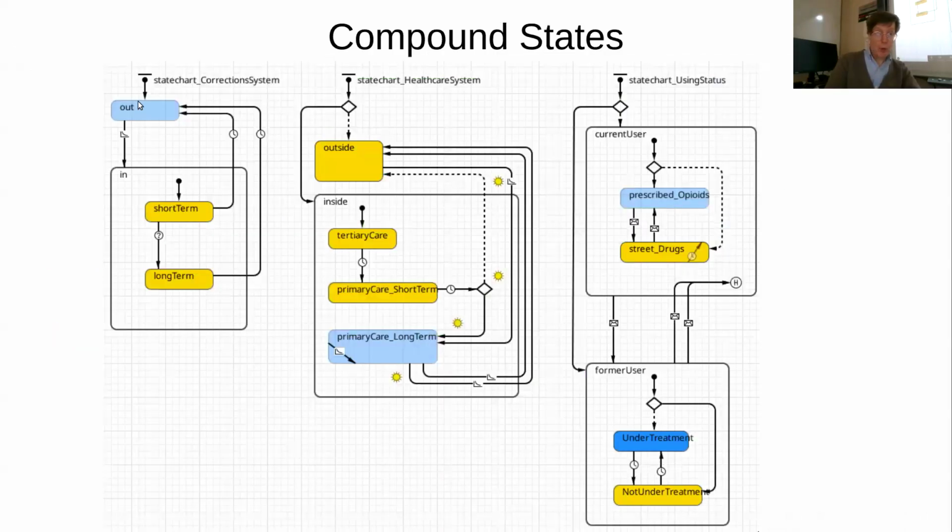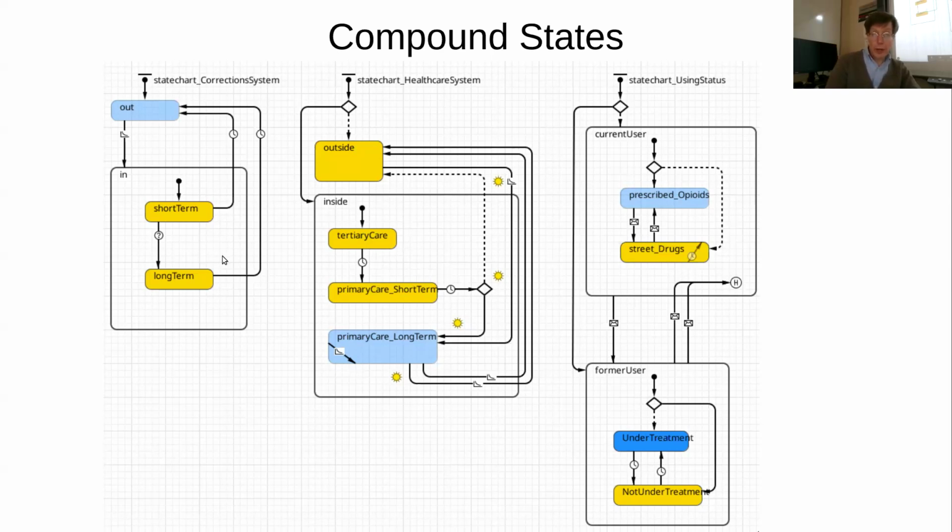Same thing with here. I'm in one state with respect to the corrections system. I'm in one state with respect to the healthcare system. And I'm in one state with respect to the degree to which and conditions under which I use opioids. It's not like by being in the corrections system, I am not engaged with the healthcare system.